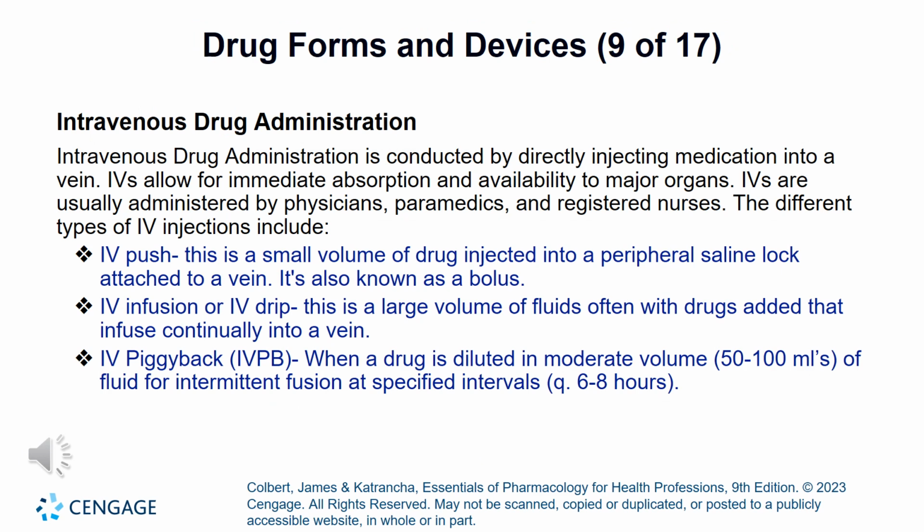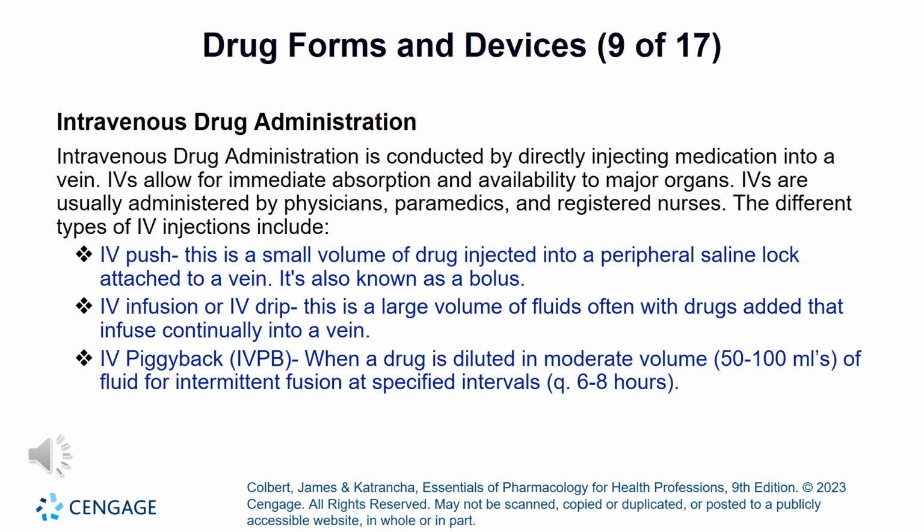A further explanation of intravenous drug administration: it is usually conducted by directly injecting medication into a vein. This allows for immediate absorption and availability to major organs. IVs are usually administered by your physicians, your paramedics, and registered nurses. There are different types of IV injections. IV push is a small volume of drug injected in a peripheral saline lock attached to a vein.